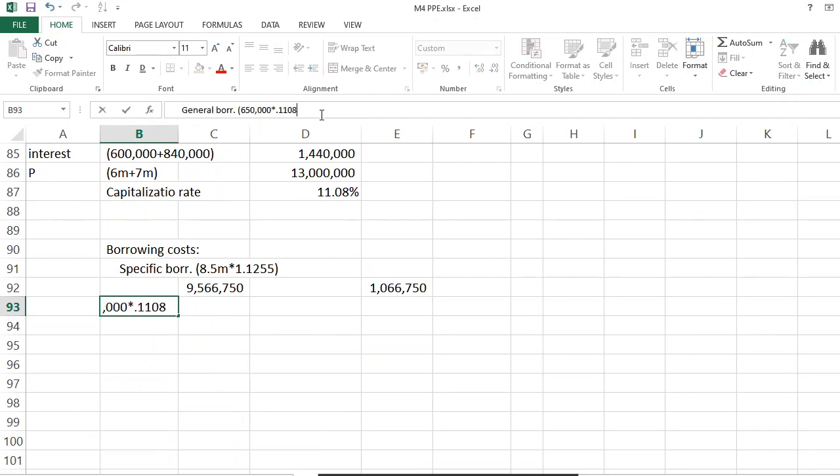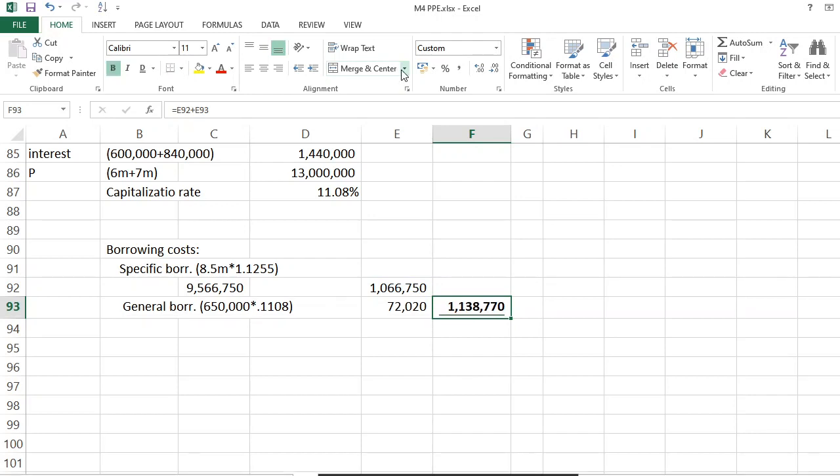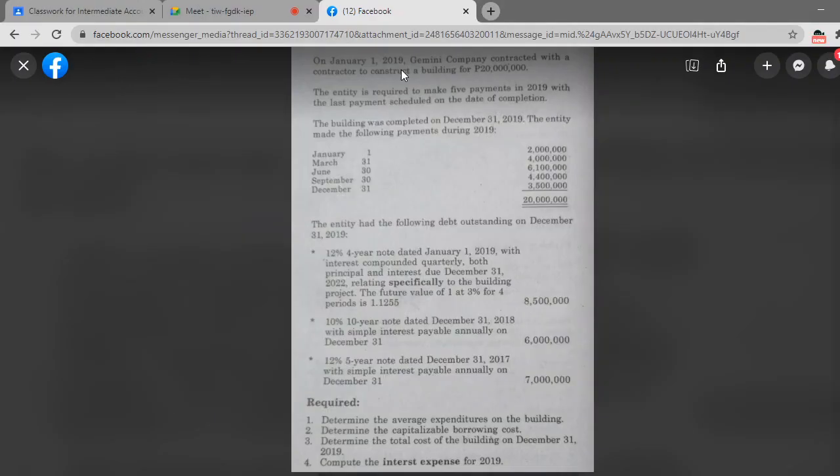That's 650 times 11.08. So, pila ba ang atuang borrowing cost? That would be 72,020. And the next question is, how much is the capitalizable borrowing cost? We just have to add the 2 and we will get 1,138,770. 1,138,770 is the answer for question number 2.